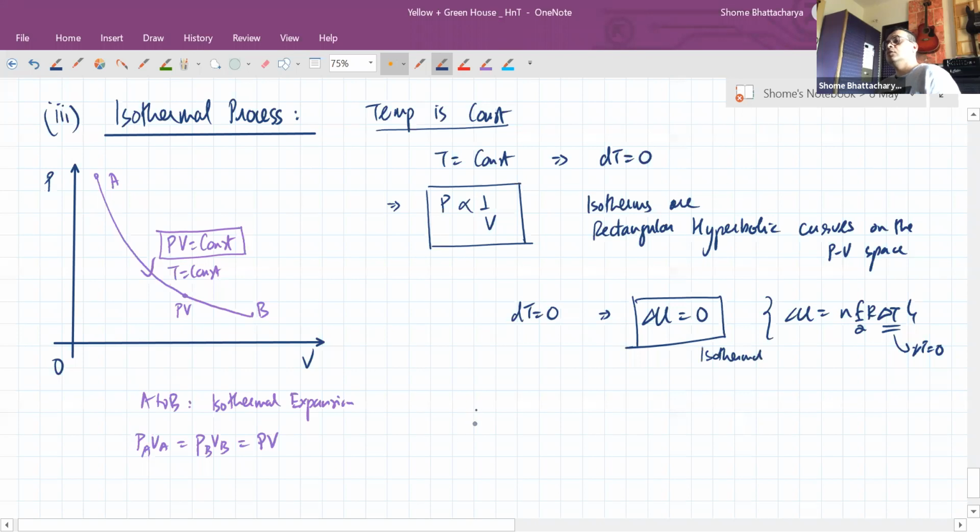So this is something important for isothermal process. So Q is equal to W, which is integration of PdV. Okay. Now further integration of PdV becomes nRT by V from whatever initial state to final state. So temperature being constant, it is a logarithmic integration, as you know.